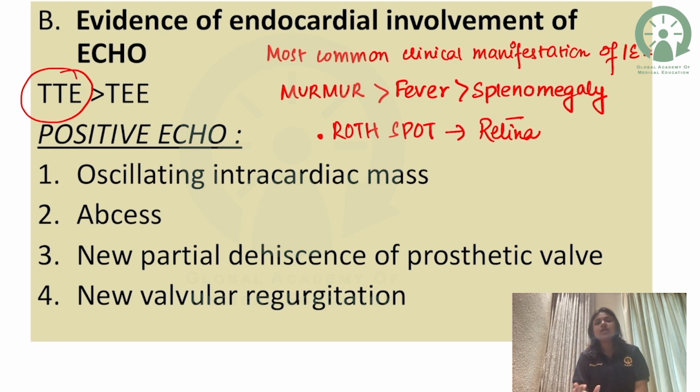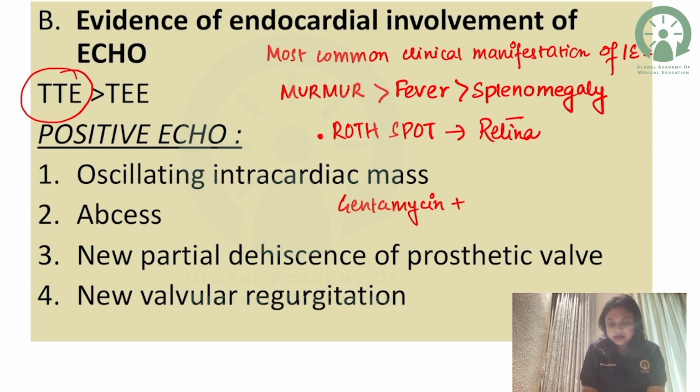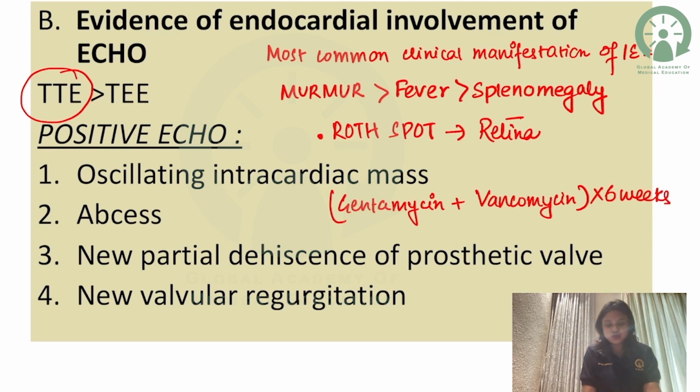empirical antibiotics. And this empirical antibiotics, as per Nelson, we use gentamicin plus vancomycin, and the duration is for 6 weeks. Okay, so this is the empirical treatment that we give, and then we modulate our treatment on the basis of blood culture.